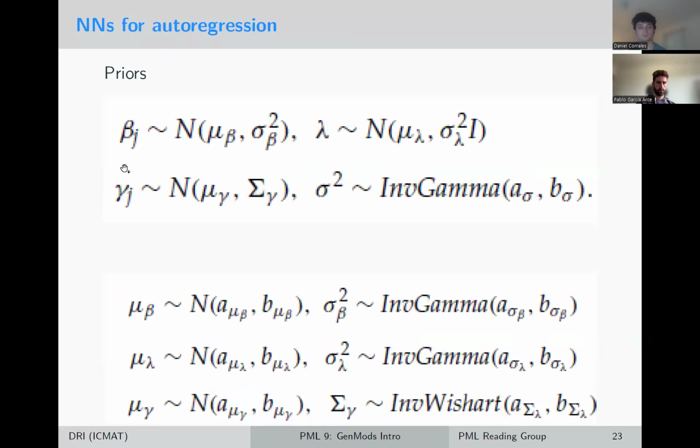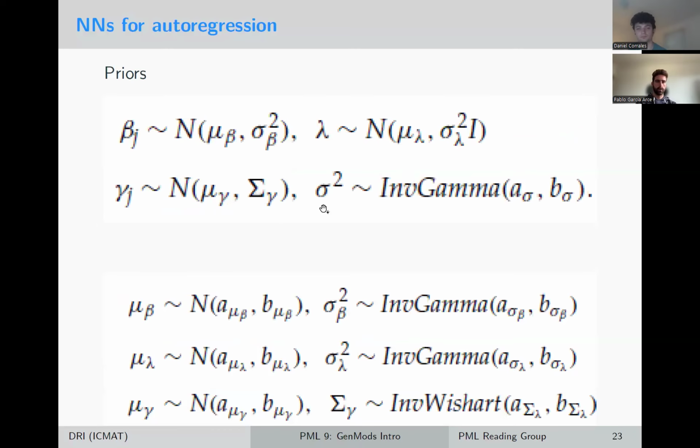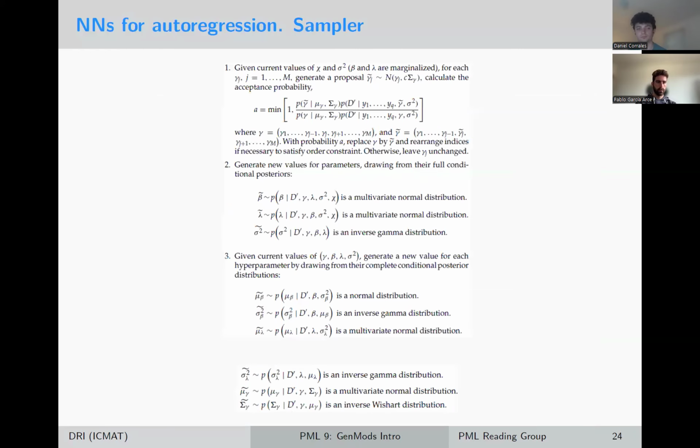So we put priors on the parameters. We have here the linear weights, these sigmoidal weights, the inner weights, and various hyperparameters. And we are able to introduce an MCMC scheme, which is expressed there.